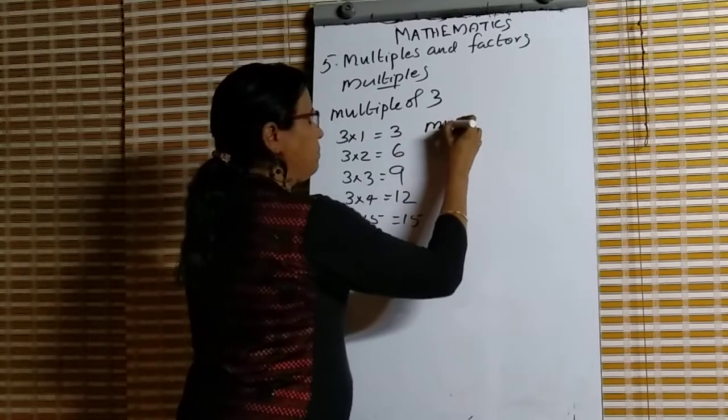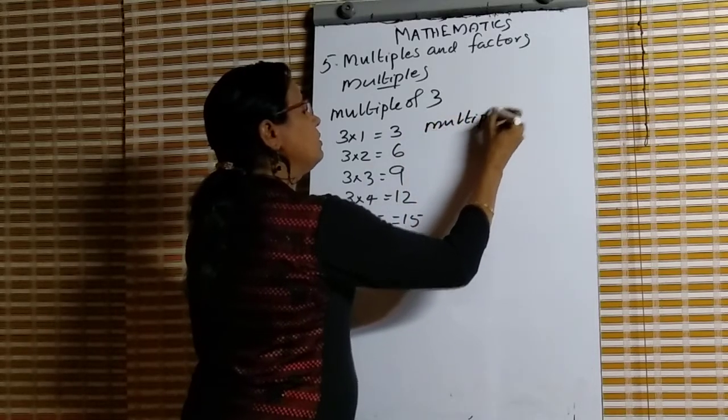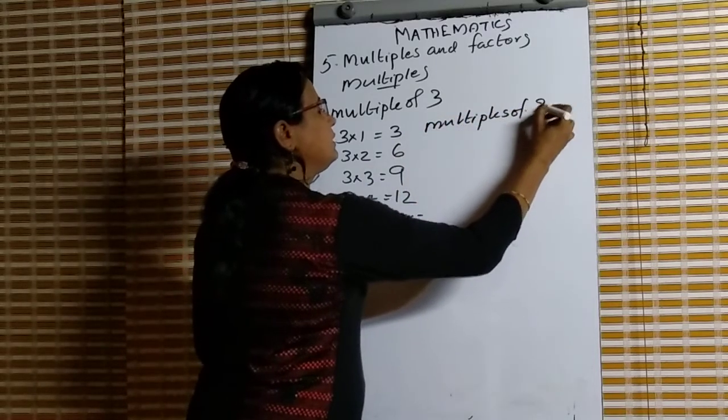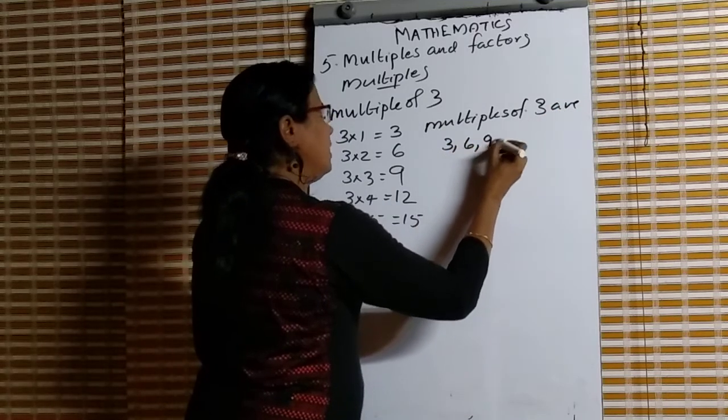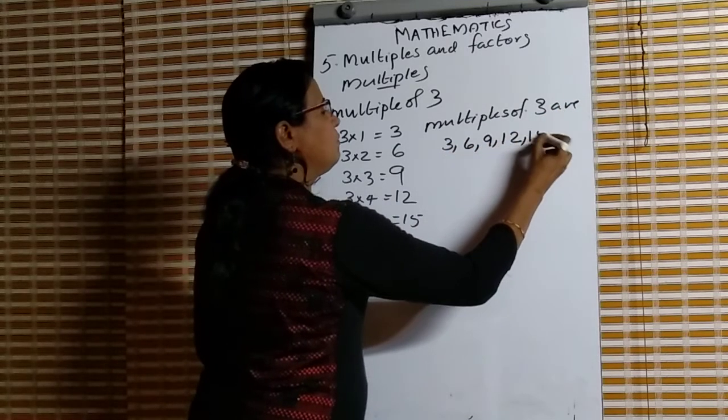Therefore, multiples of 3 are 3, 6, 9, 12, 15.